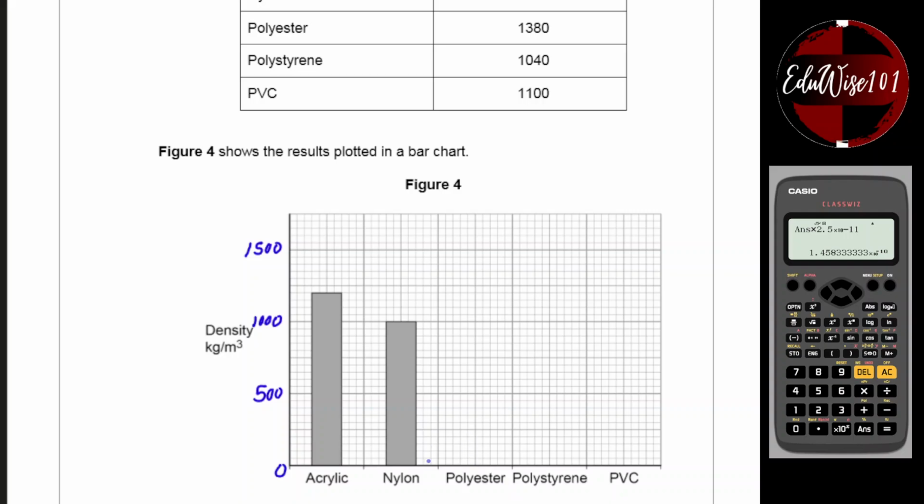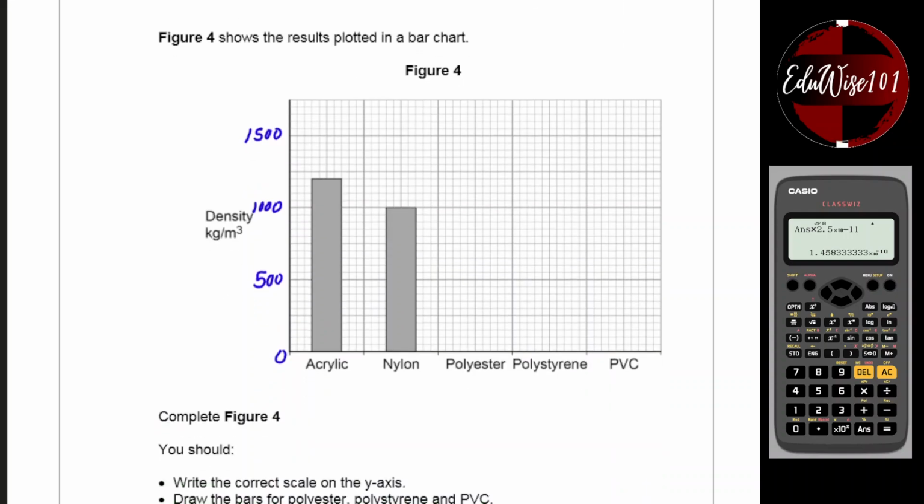How do you draw the bars for polyester, polystyrene, and PVC? So let me bring in my pre-drawn shapes. So for polyester, right, I'm drawing the bars. So as you can see, there's 3 boxes on the left and on the right for both of them.